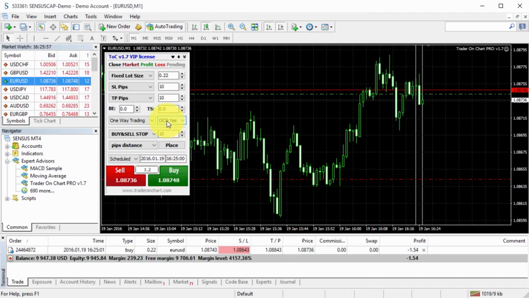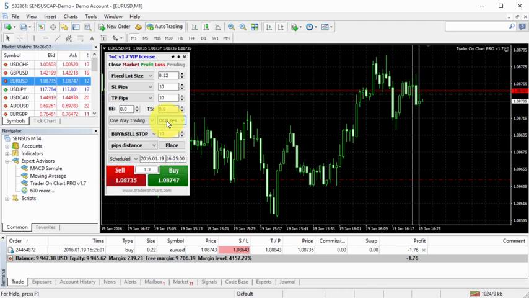So for example, I have buy stop and sell stop pending orders. If my sell stop gets triggered, then the very next moment the buy stop will be cancelled, or in reverse. If my buy stop is executed, then my sell stop will be cancelled. So this works very well with news trading as well.